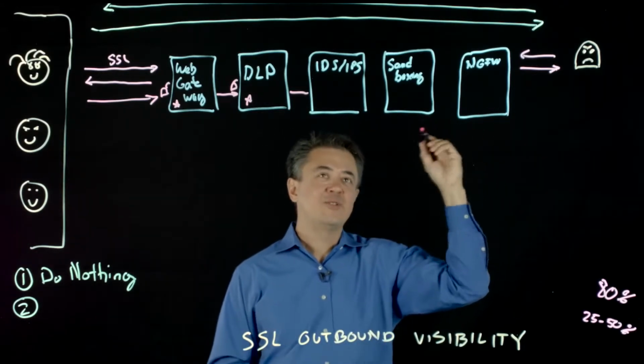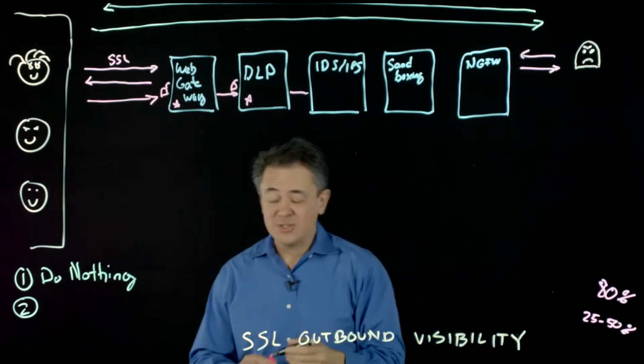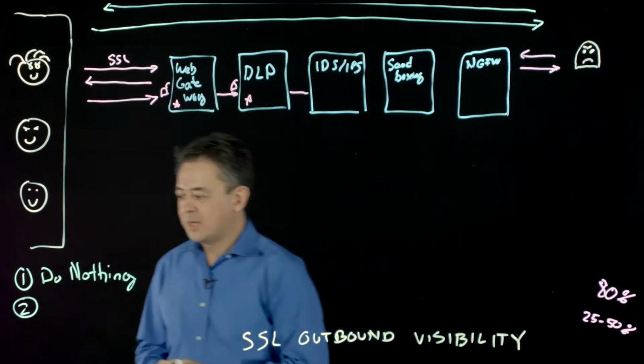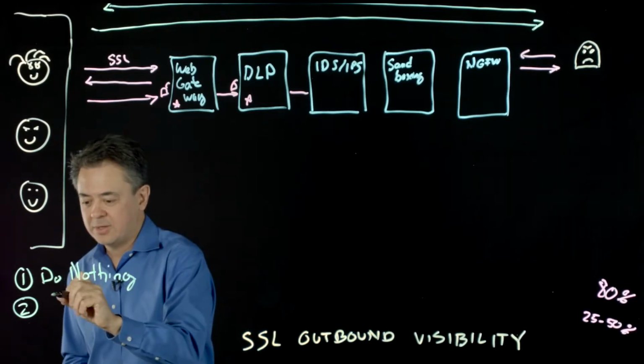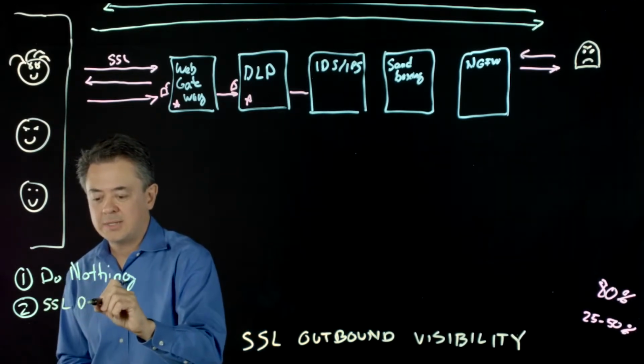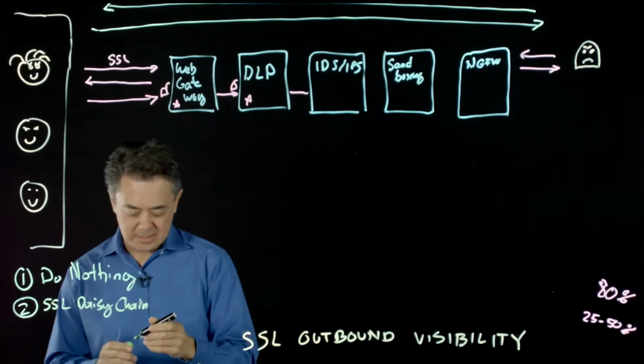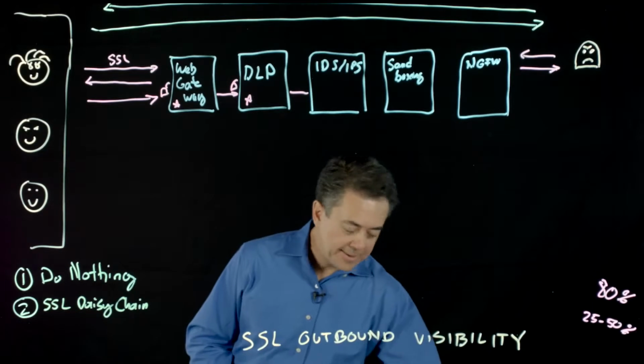Nobody does this, right? And one of the reasons nobody does this, actually there's 3 reasons. So let's call this one, I don't know, security, we'll call it SSL daisy chain. Nobody does this for 3 reasons.